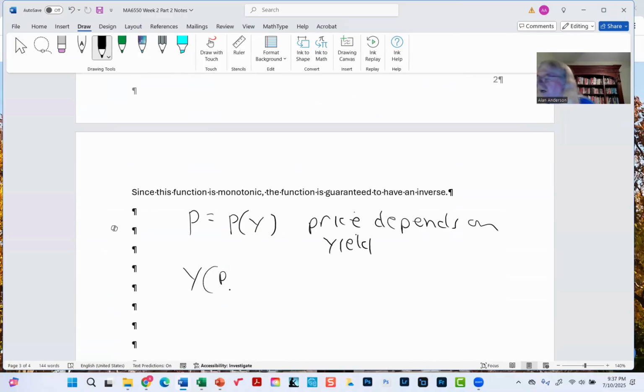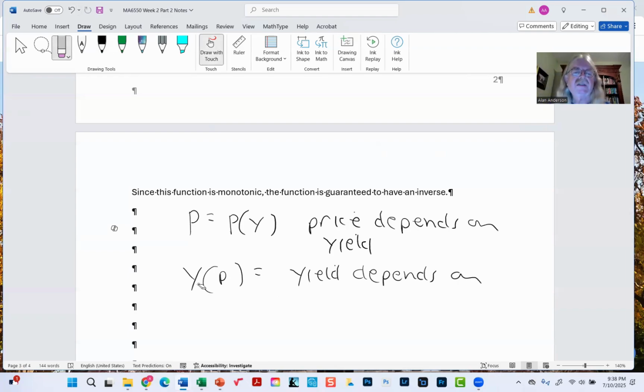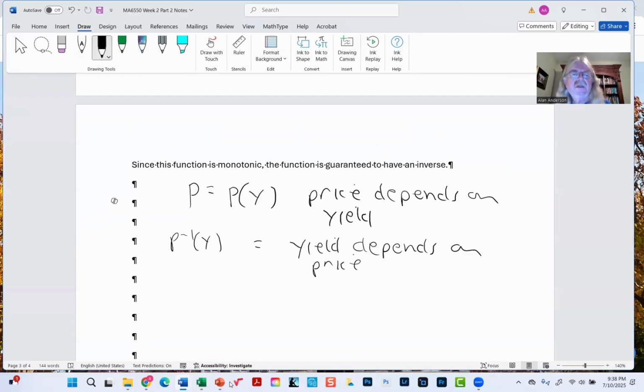I guess you could write it as Y of P. The yield of a bond is not directly observable in the market.